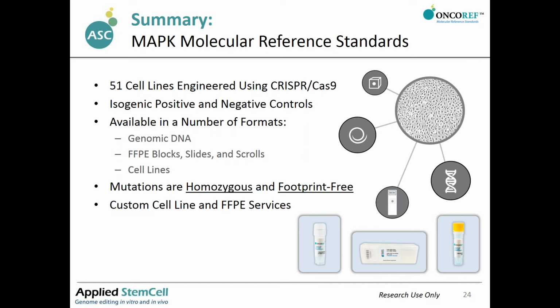They're available in a number of formats, including genomic DNA, as well as FFPE blocks, slides, and scrolls. The mutations are engineered as homozygous mutations, and they're also footprint-free, and these are really two key features of our MAPK and ONCOREF platform. And then we also offer a number of custom cell line FFPE services at Applied Stem Cell.